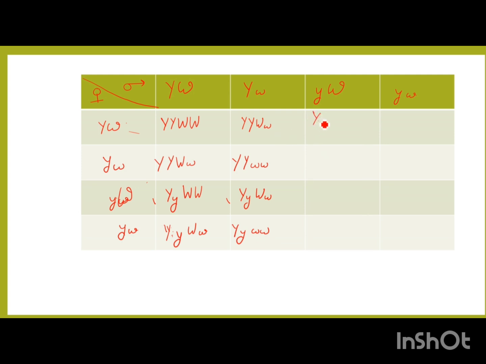After writing the combinations of the genotypes, we will move forward with the phenotype. This will be capital Y with small y, capital W with small w, small y with capital W with capital W, small y with capital W, small w. Here we will get capital Y, small y, capital W with small w.